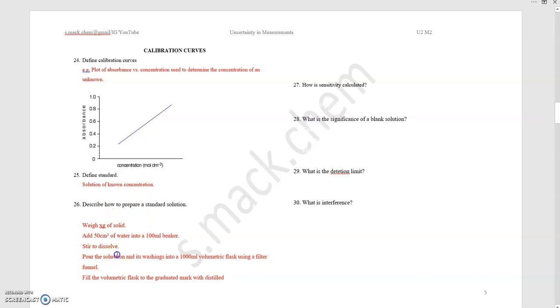You are to then pour your solution into a 1000 ml volumetric flask, and then you're going to add distilled water into that beaker and transfer its washings into the same volumetric flask using a filter funnel. Next up, you're going to fill that volumetric flask up until the graduated mark with distilled water.